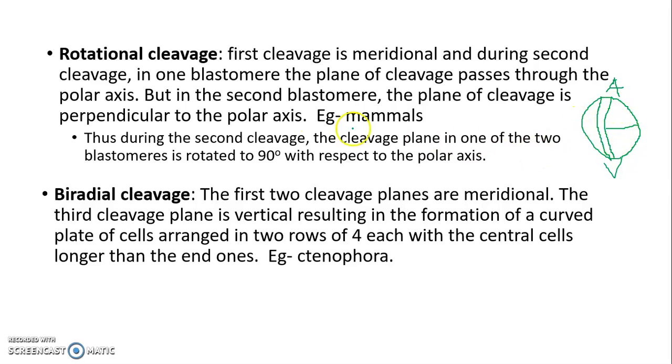This is called rotational cleavage. Thus, during the second cleavage, the cleavage plane in one of the two blastomeres is rotated by 90 degrees with respect to the polar axis. This is about the rotational cleavage.